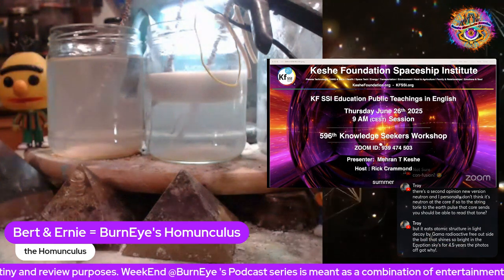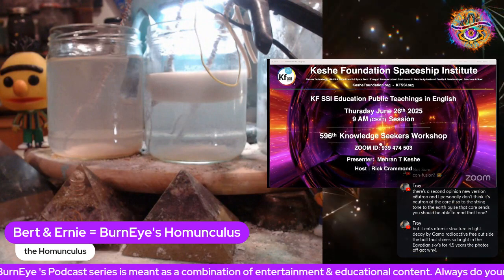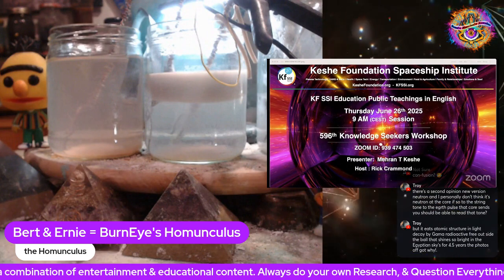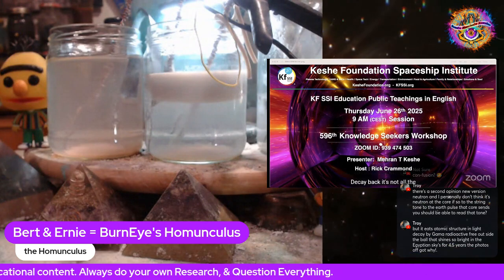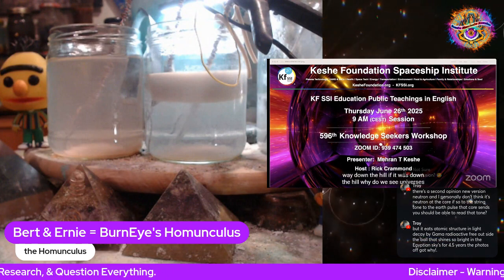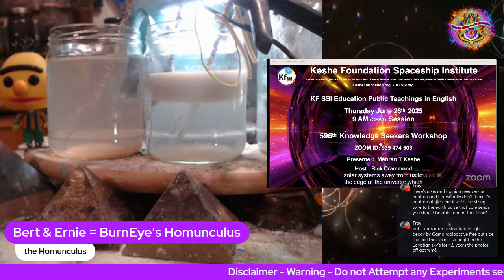Nuclear radiation, or cosmic ray radiation, is the other half, because it elevates the lower elements to a higher element so that they can decay back. It's not all the way down the hill. If it was down the hill, why do we see universes, why do we see solar systems away from us to the edge of the universe which have the same characteristics as us?